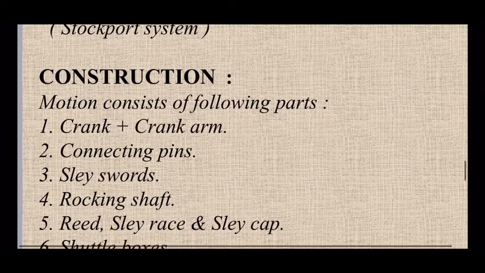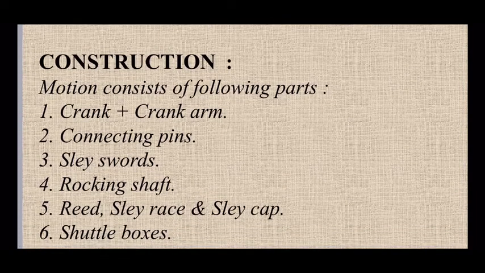Now the construction of this mechanism. The main parts in this are: first, crank and crank arm; second, connecting pins; third, sley swords; fourth, rocking shaft; fifth, reed, sley race and sley cap; and sixth, shuttle boxes.